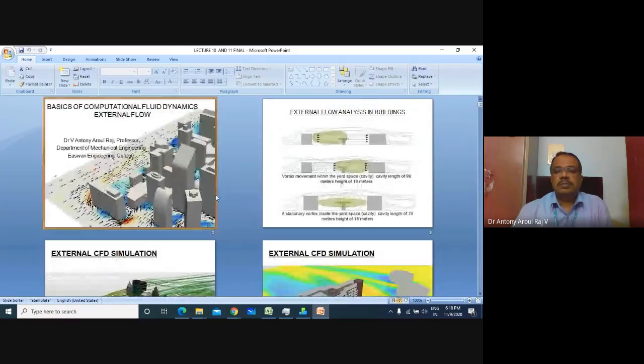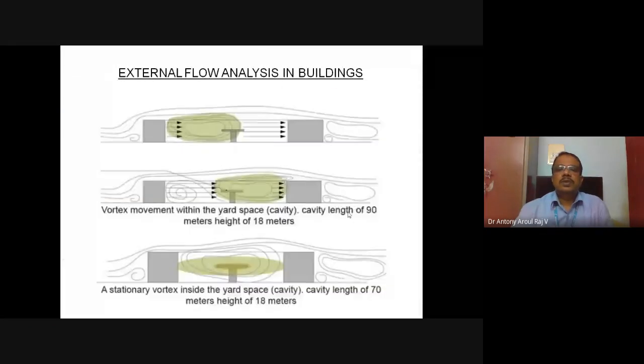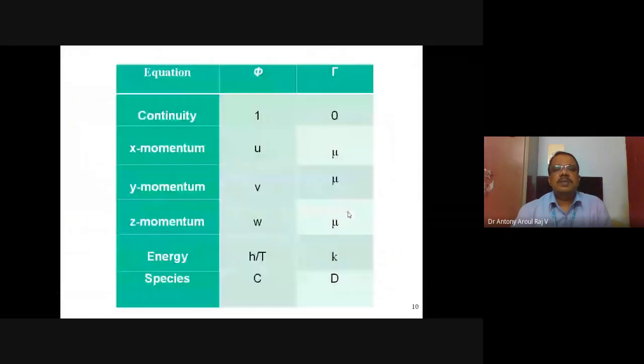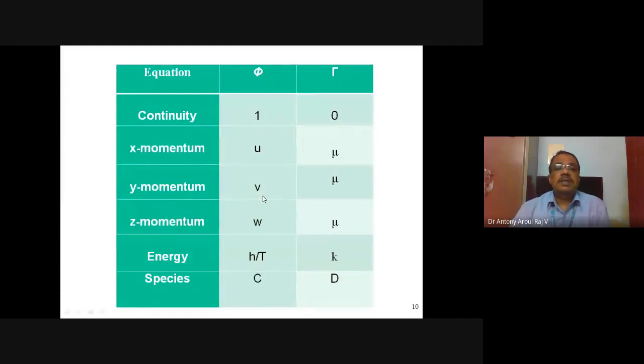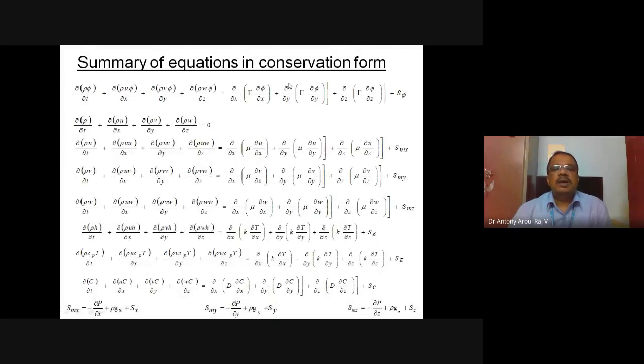Okay, I think it's not saved, no problem. We have discussed CFD and its general steps, how to get the overall equation from the general transport equation, and how we get all the equations from a single equation, how the equation will be in vector form and in scalar form.